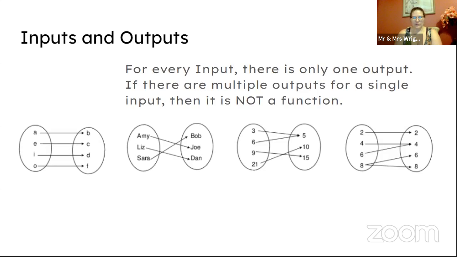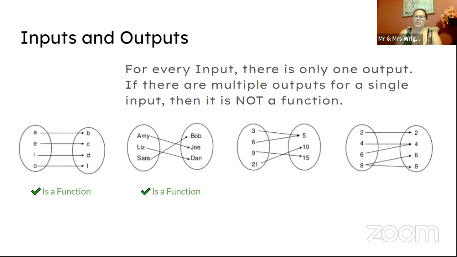All right. So here's a function. These are names. We input Amy and we get Joe. We input Sarah and our output is Bob. We input Liz and our output is Dan. So both of these are definitely functions. Here we have input 3, output 5, input 6, output 5.